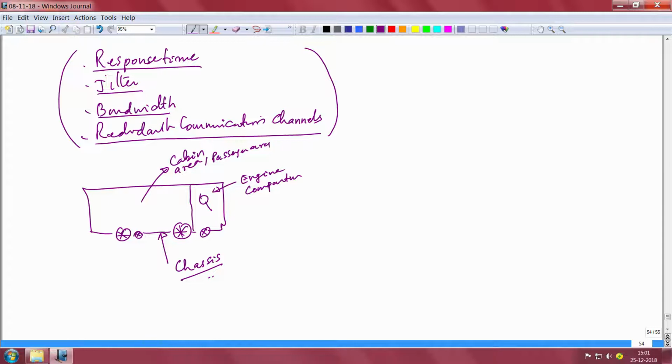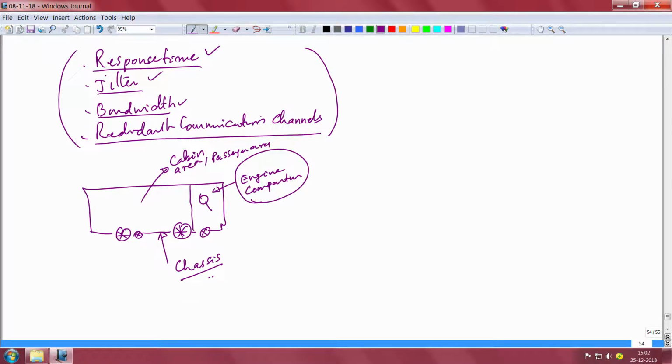So, you can see that response time, jitter, bandwidth, redundant communication channels, all that any protocol will have to provide, will largely depend on where and what ECU you are referring to. Are you referring to an ECU of the engine compartment, engine related, cabin related, or chassis related?